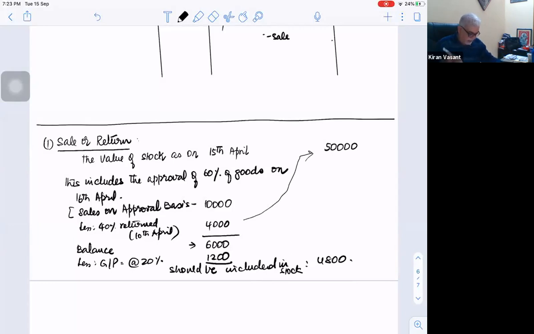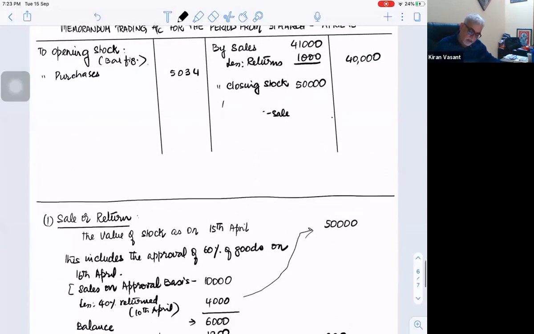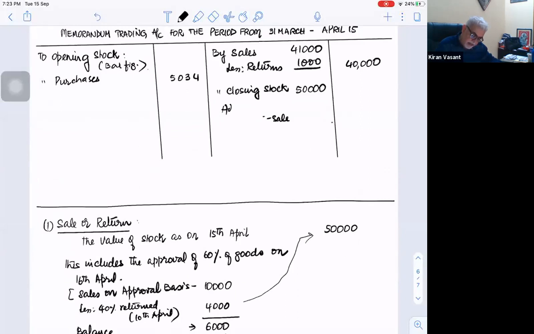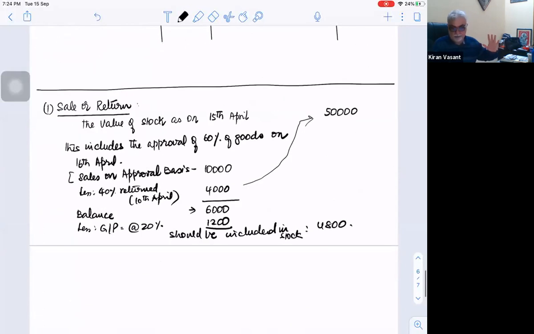Only 4,800 should be included in stock. So I will say add sale or return, working note 1, 4,800. I'll explain again. Just listen.